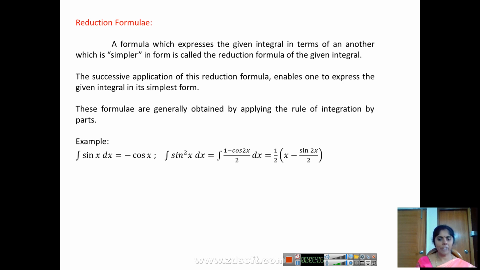For example, the simple form of integral of sine of x dx we can easily write, which is equal to minus cos x. Suppose we have integral of sine to the power 2 of x dx, we do not have a direct formula for this. So for that we have to use the identity that sine square of x can be written as 1 minus cos 2x whole divided by 2.